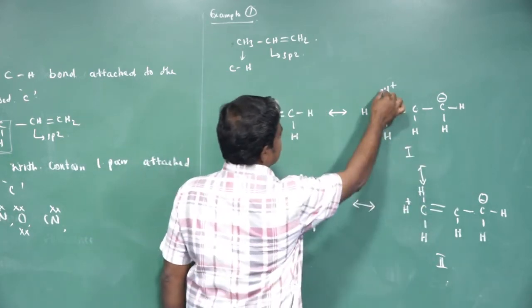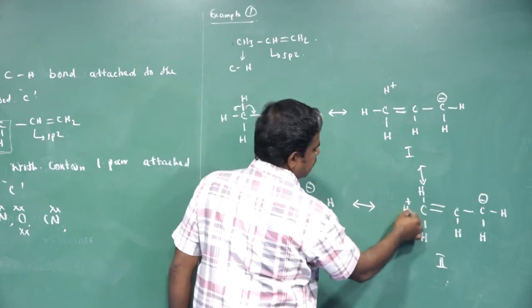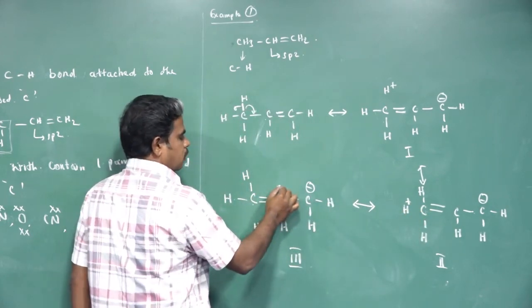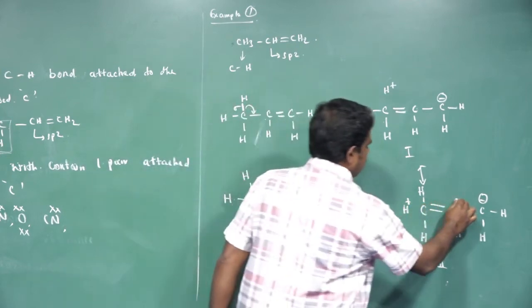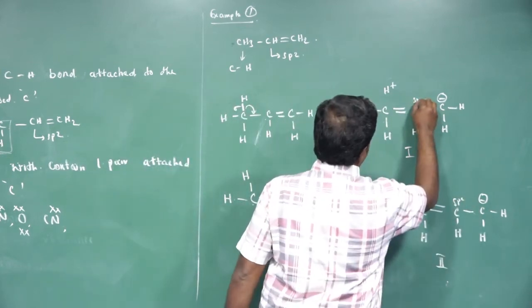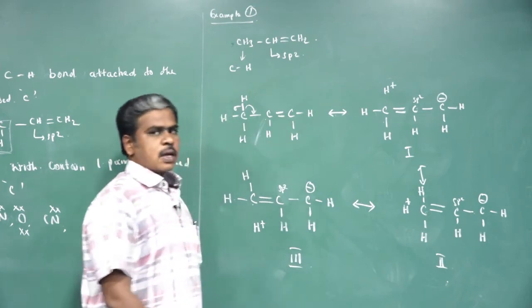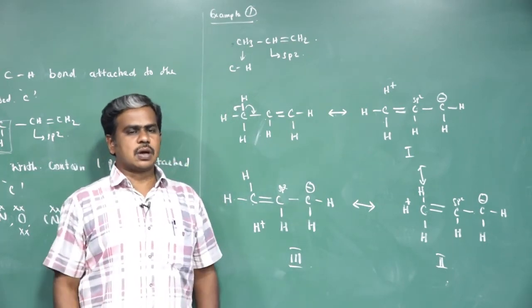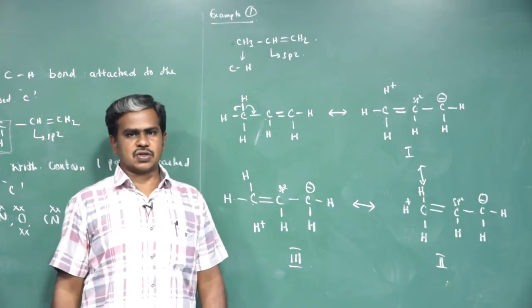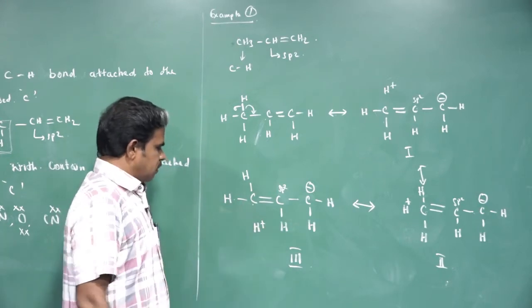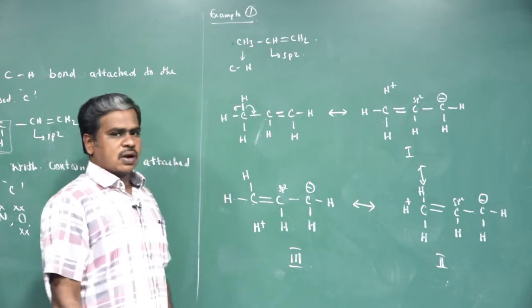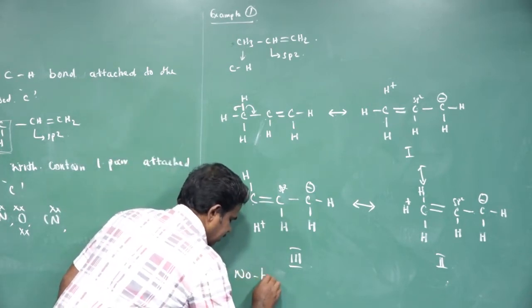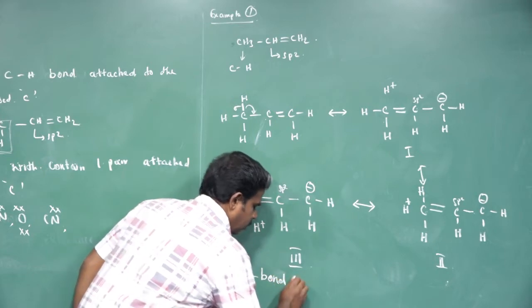So here it gets delocalized, and this bond gets delocalized, and here this bond gets delocalized to the sp2 carbon. So it is sp2, and here also sp2, and here sp2 carbon. So delocalization of a sigma electron to sp2 carbon is nothing but hyperconjugation. So there is no bond between carbon and hydrogen in all canonical forms, so they are called no bond resonance.